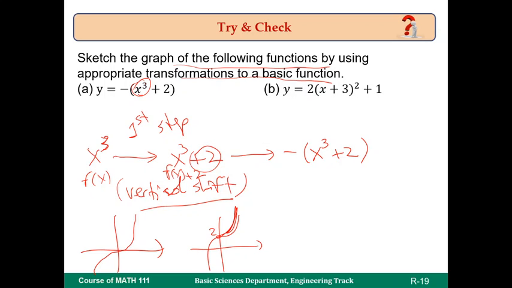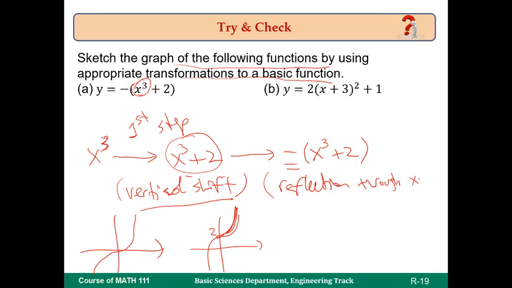And then we have this function, but it is multiplied by minus. The function is multiplied with minus, so the second part becomes the reflection through the x-axis. So f of x becomes minus f of x, right? This corresponds to the reflection through the x-axis.